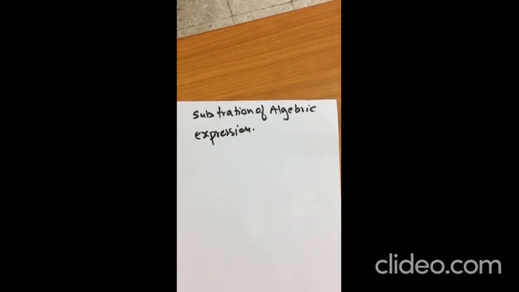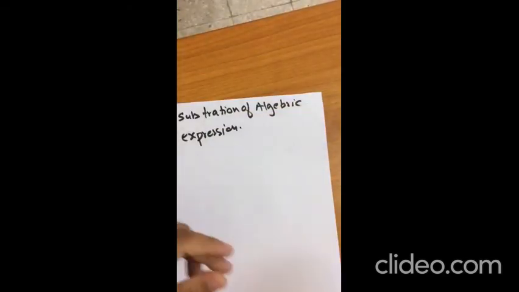The only difference is that before you were adding algebraic expressions, but now you will subtract them. I just wanted to show the questions from your book. I'm going to solve one question, question 4. You see, subtract the following. There is a minus sign between the two expressions. Let me show you how to solve this one. There is a procedure, and you can do it in vertical form as well.